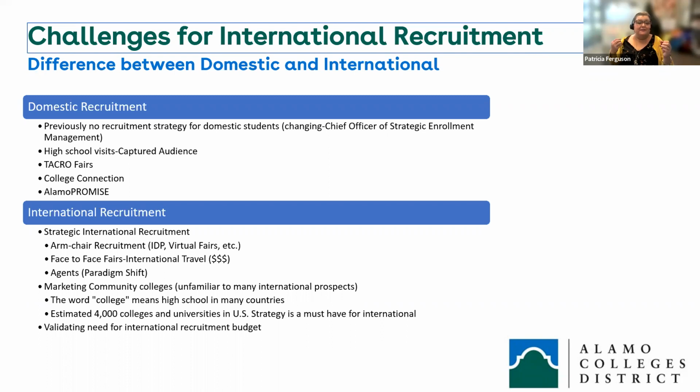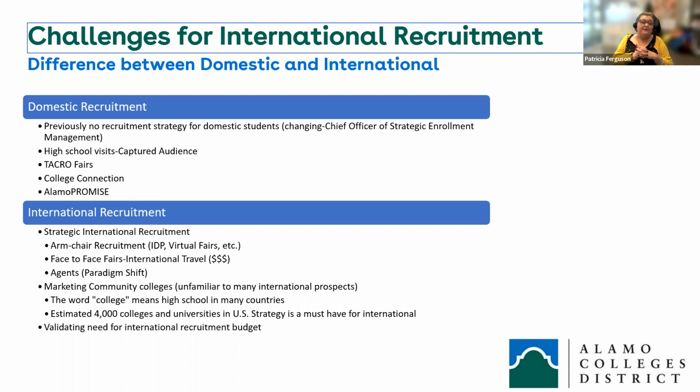So with domestic, you actually have a captured audience with the high schools. You do the high school visits, you develop relationships. At Alamo Colleges we have a program called College Connections, where our admissions staff and our testing staff go in and do the AccuPlacer for the students. So we had that relationship. The basic recruitment that they did was TACRAO fairs.